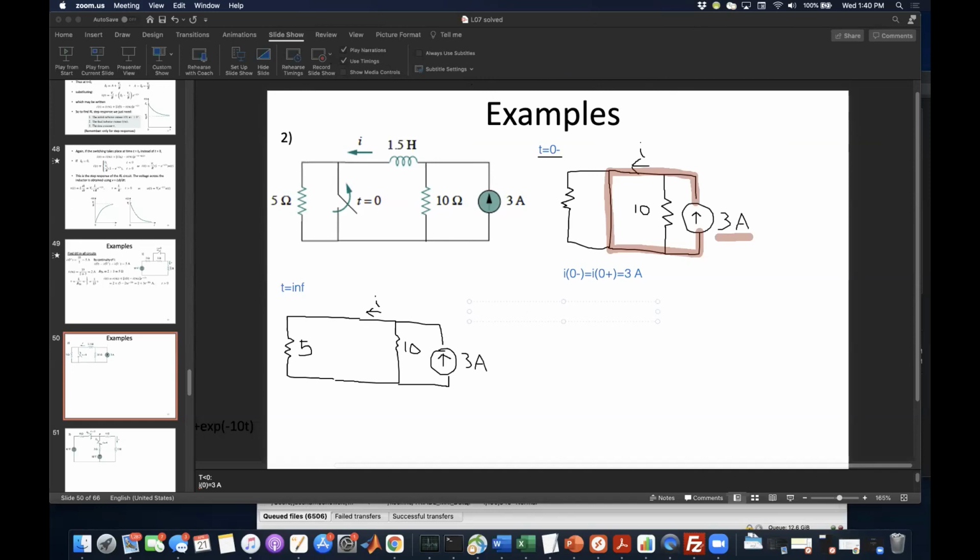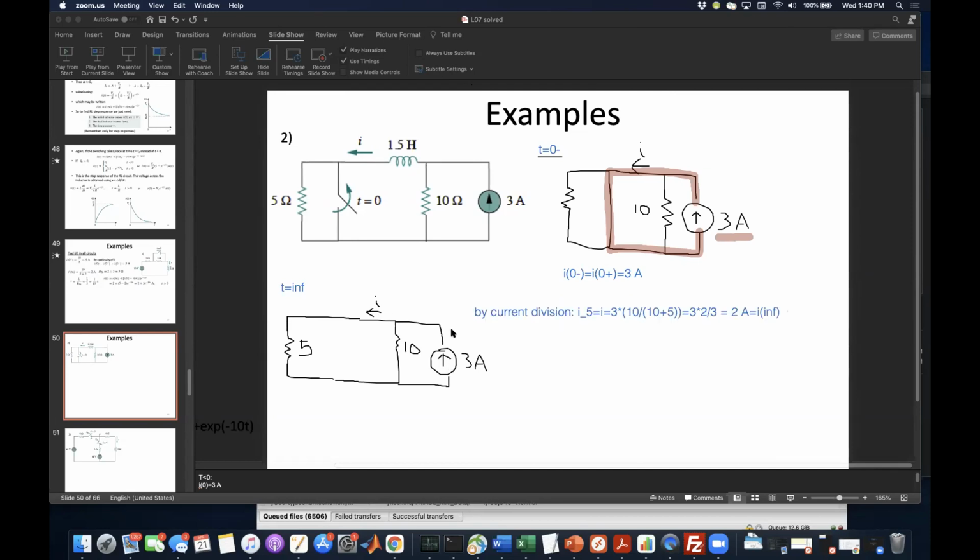By current division, I5 is equal to I, which is 3 times 10 over 10 plus 5, so 2/3 times 3, 2 amps, and that is equal to I of infinity.